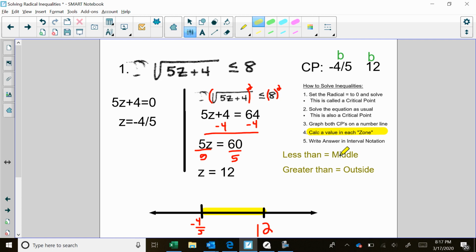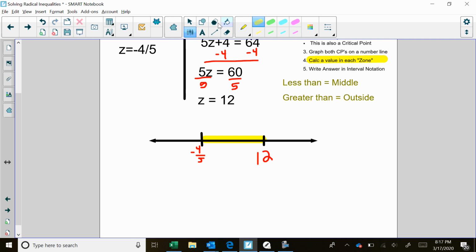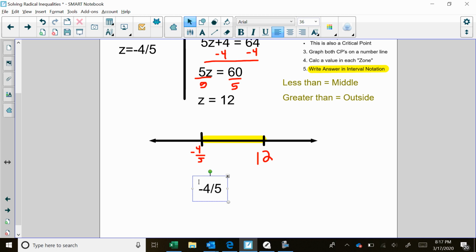That's what the middle means right here. Now we're ready to write our answer in interval notation. The answer starts with negative 4/5, comma, and ends at 12.